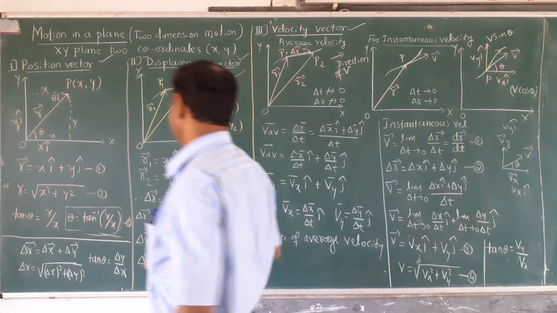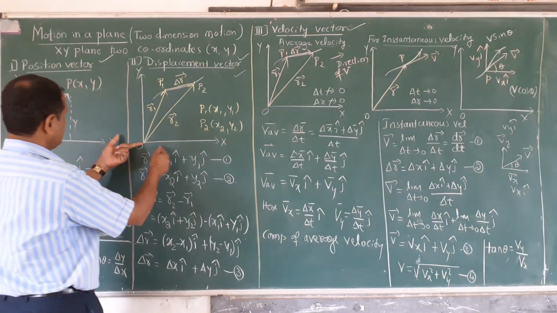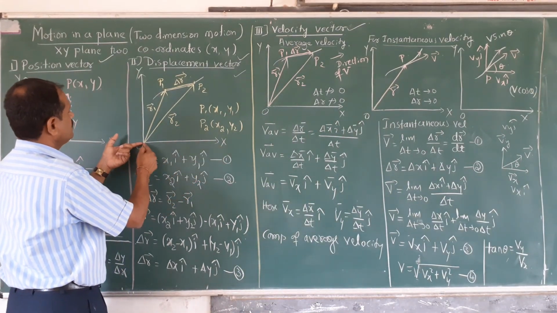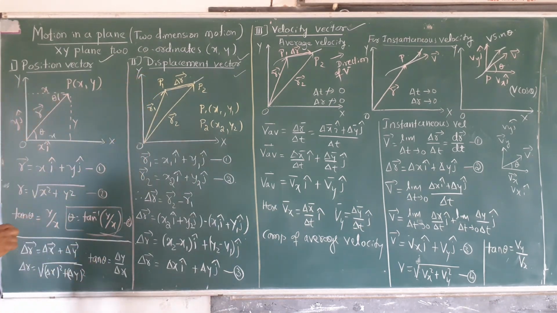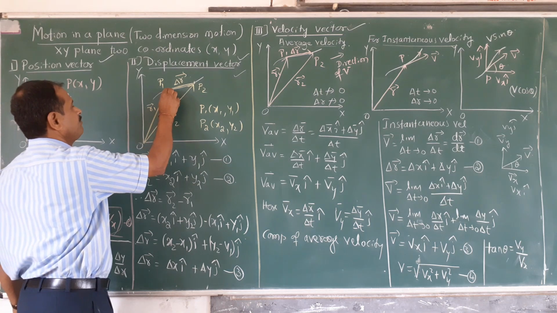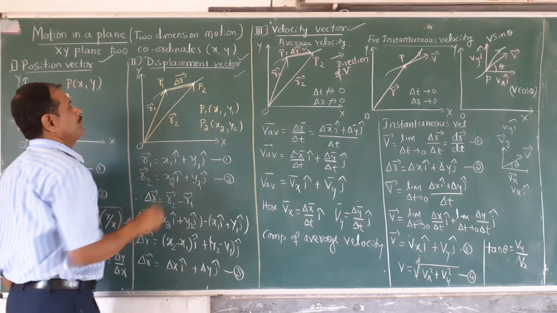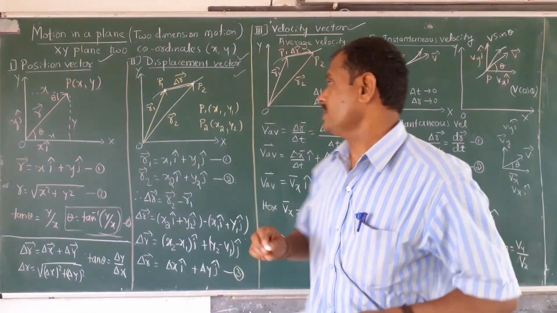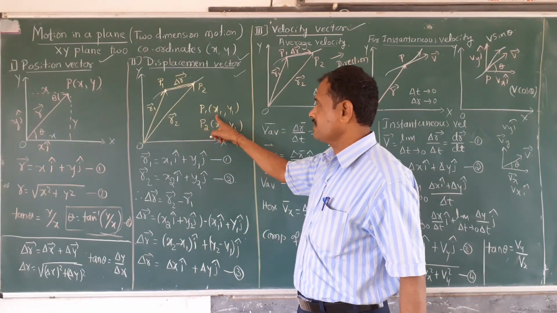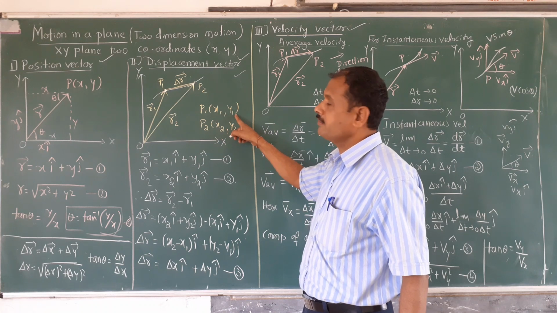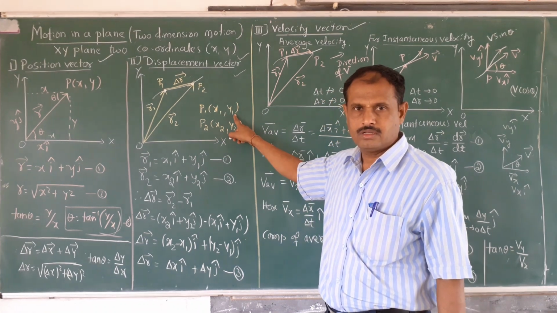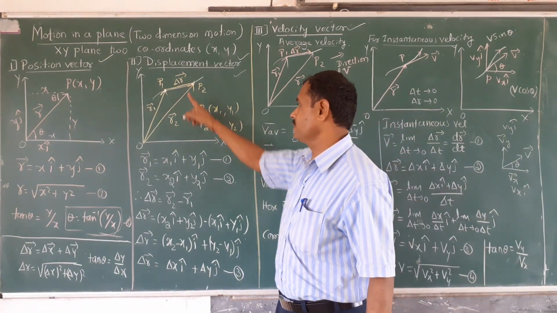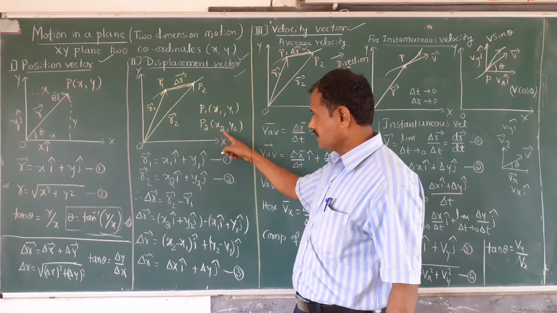Now see here. This is the x axis, this is the y axis. There are 2 positions, position P1 and position P2 in the xy plane. Now position P1 is expressed in terms of x1, y1. Position P2 is expressed in terms of x2, y2.